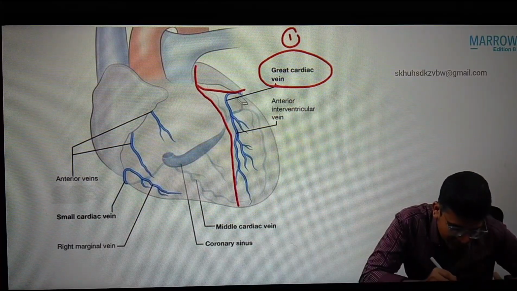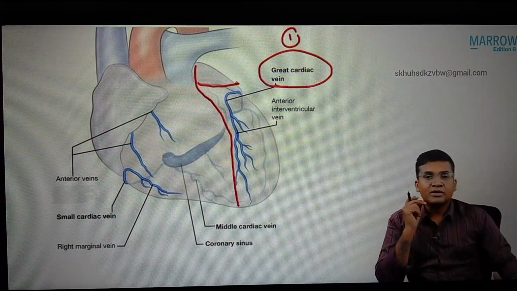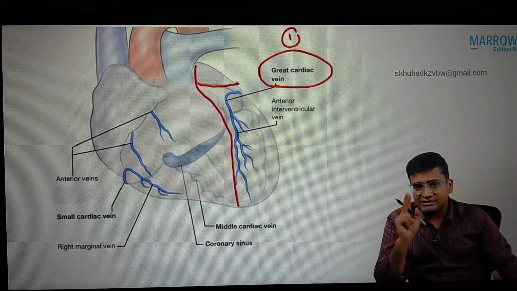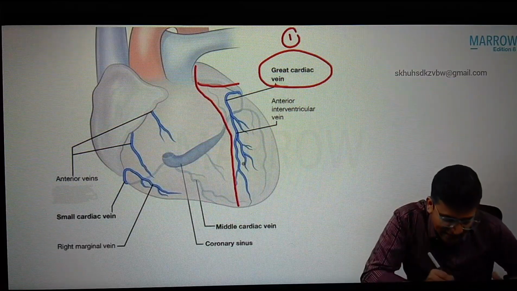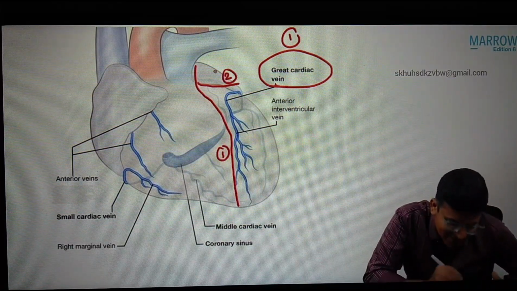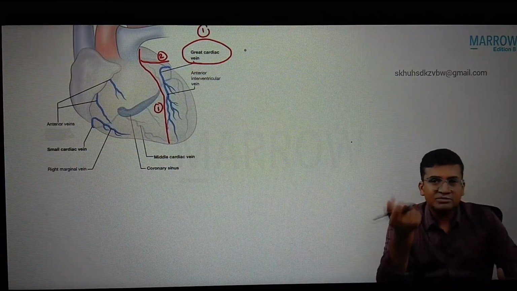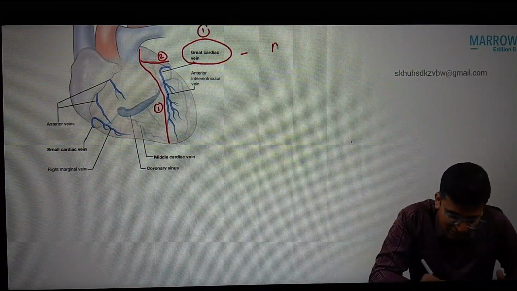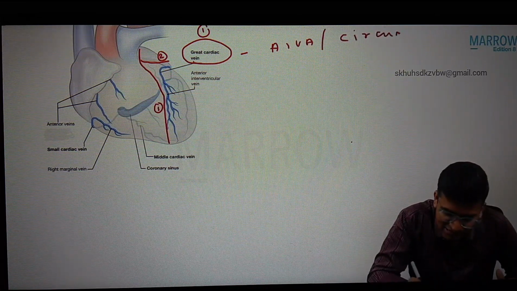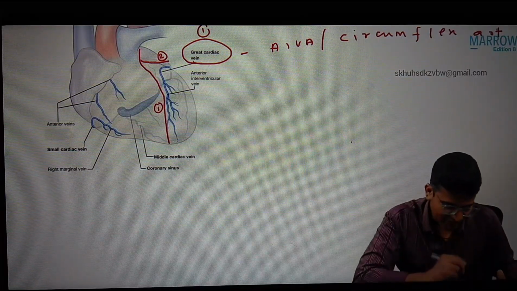The great cardiac vein accompanies two arteries: the anterior interventricular artery and the circumflex artery.